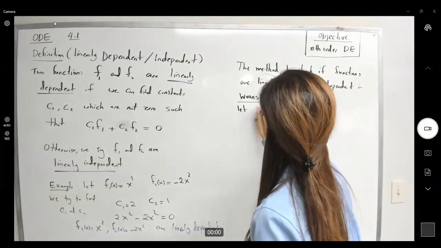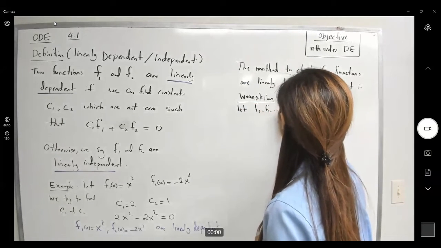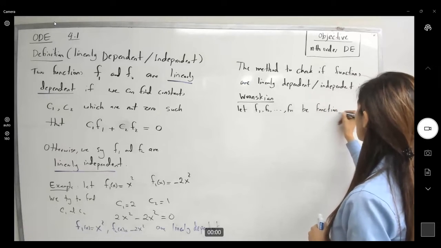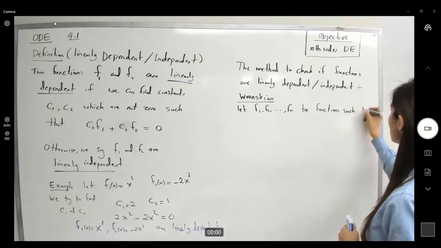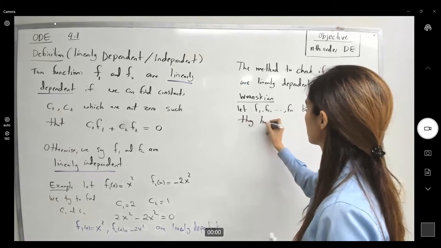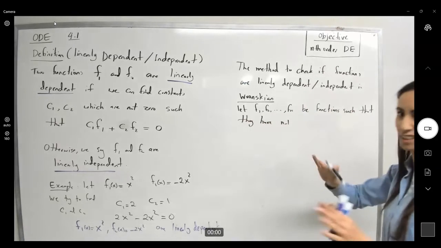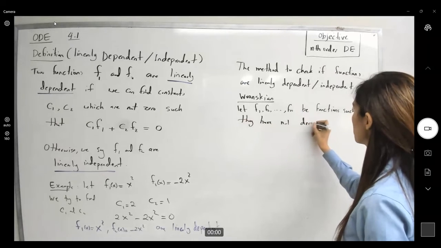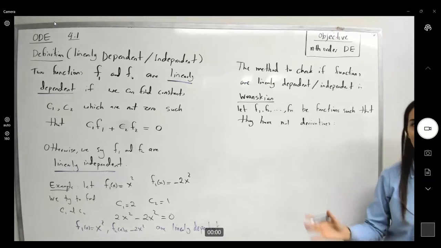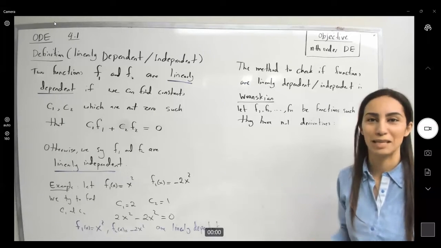Let f1, f2, and fn be functions such that they have at least n minus 1 derivatives. The Wronskian is defined as the determinant.